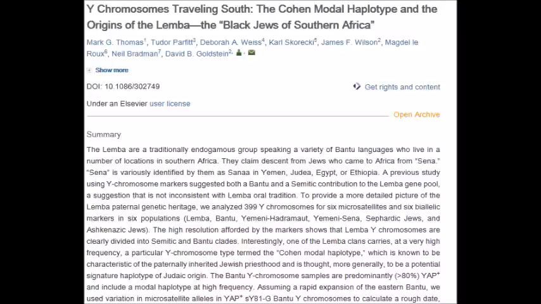If anything, I'd be more concerned about that Bantu modal haplotype, not the Cohen modal, because they need to kill that madness, man. Assuming a rapid expansion of the Eastern Bantu, we use variation in microsatellite alleles and YAP, and a bunch of DNA talk, of Bantu Y chromosomes to calculate a rough date.